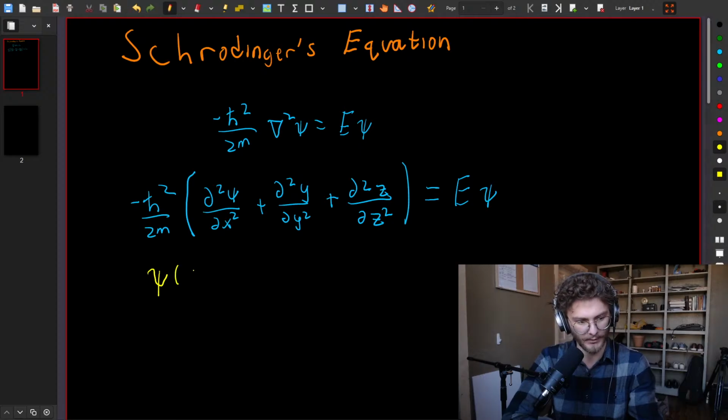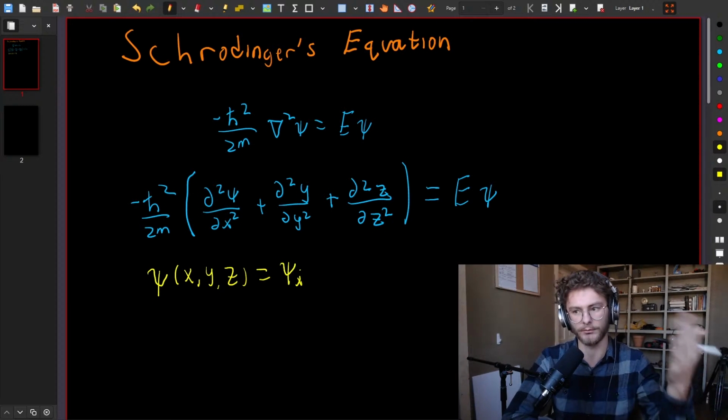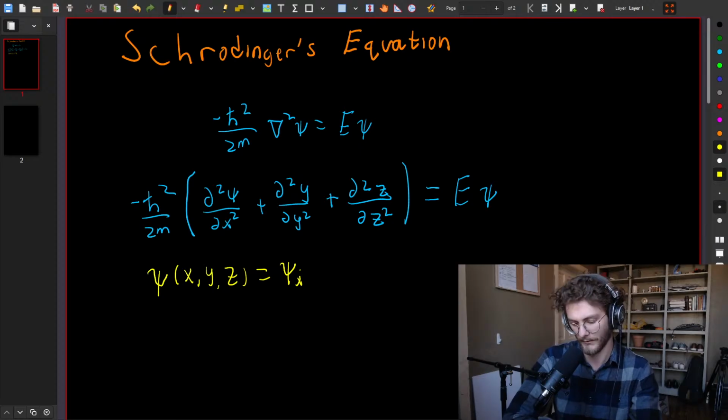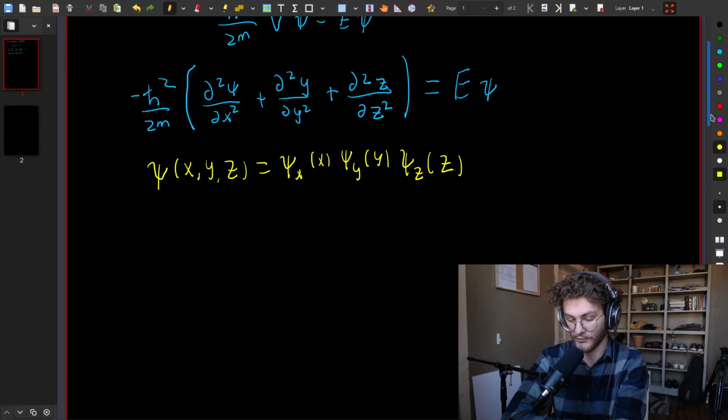Psi of x, y, z equals psi sub x, which is a shorthand form of the partial, of x, y, z. So that's the form we want to get it into eventually.